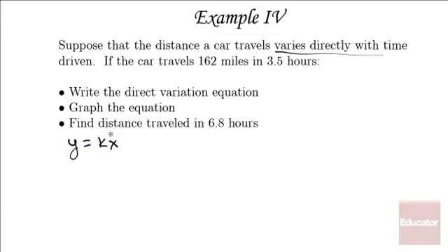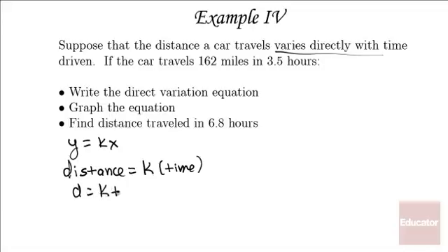Now here we're actually talking about distance and time. So when we're talking about distance and time, we often use d and t for rate type of equations. So I'm going to use a little bit different form here. So distance equals the constant of variation times the time, or d equals kt.